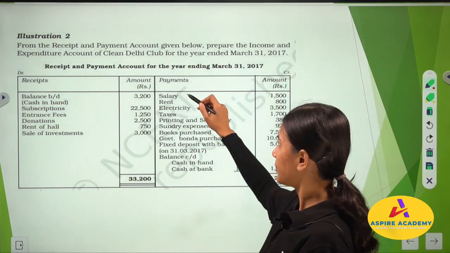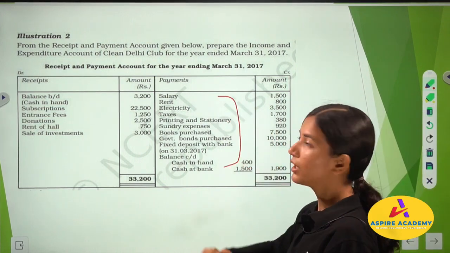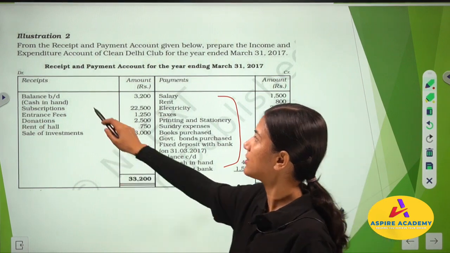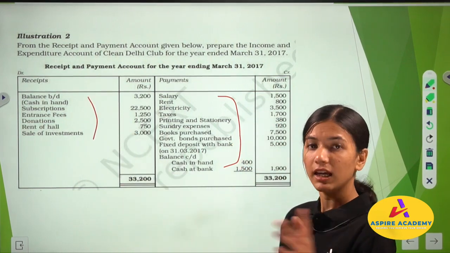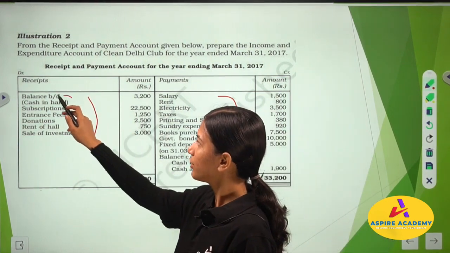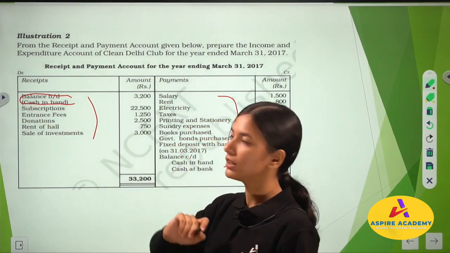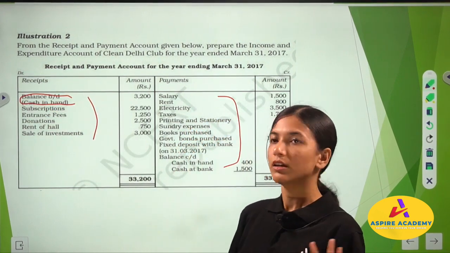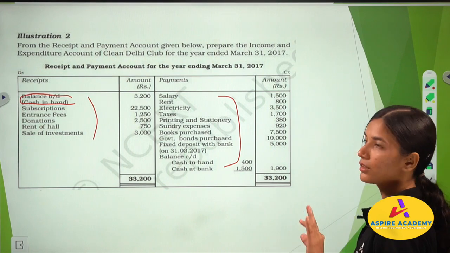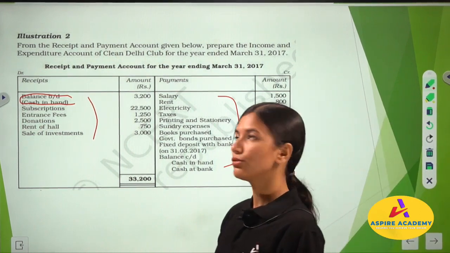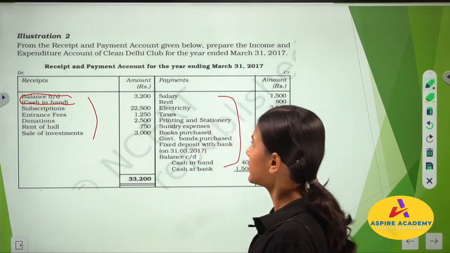The payments will be shown on the expenditure side and the receipts on the income side. From this we are going to exclude the opening balance b/d, because opening balances are not used in the income and expenditure account.